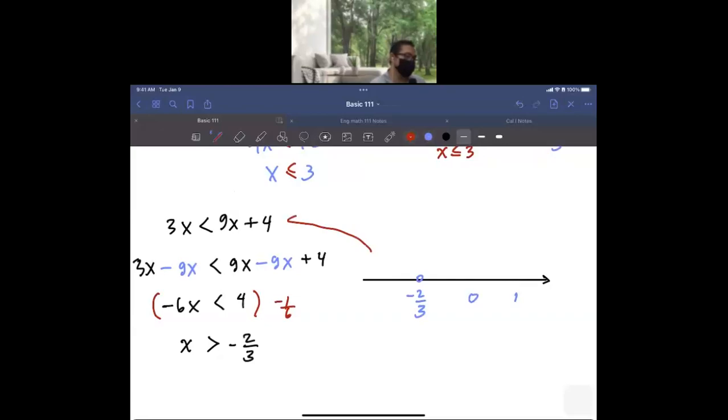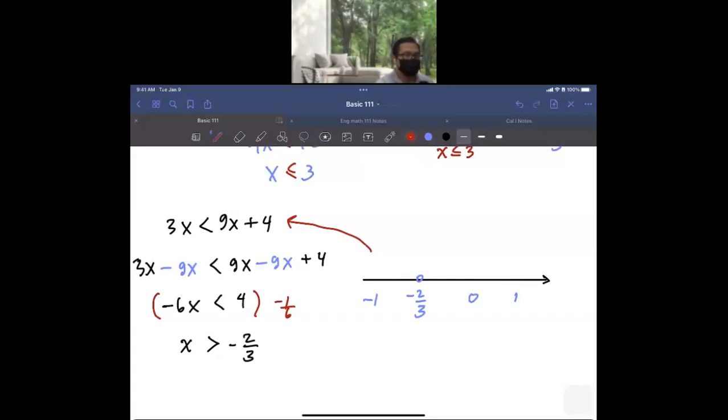If we check 0, we can check through the first equation here. If we check 0, it's true: 0 is less than 4. If you check 1, it's true also. But if you check, let's say, negative 1, is it true or not?